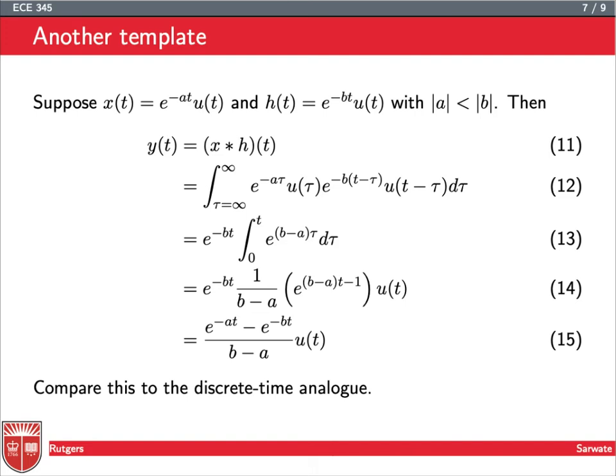So we get 1 over b minus a, e to the b minus a t minus 1, u of t. And so we can multiply this by e to the minus bt, and doing a little bit of algebra, we get e to the minus at minus e to the minus bt over b minus a, u of t. So you can compare this to the discrete time version we did with decaying exponentials and see how the formulas are similar or different.